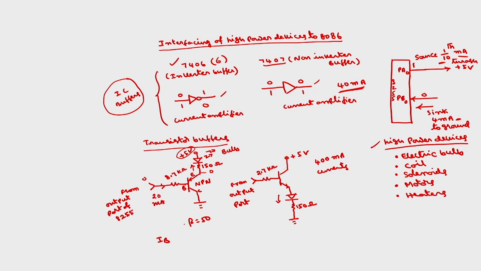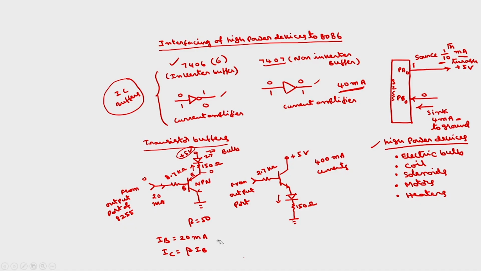So if I take this base current as 20 milliamps, we know that collector current IC equals beta times IB. So IB will be IC by beta, which is 20 milliamps by 50, which comes around 0.4 milliamps.